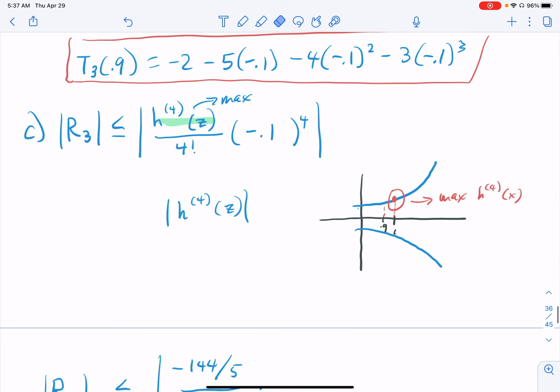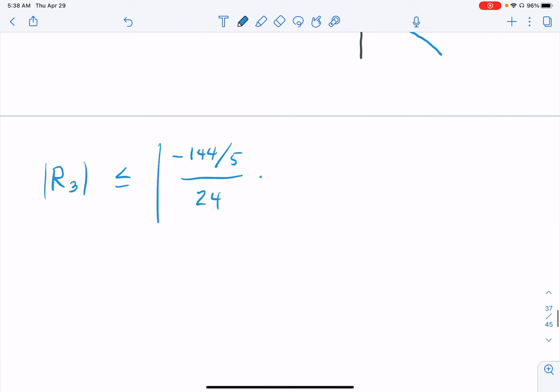So this is essentially a negative 0.1, which is negative 1/10, and we're going to raise that to the 4th power. We don't have to worry about the negative sign because we're raising it to the 4th and taking the absolute value. Then I can think of this as basically 1 over 10 to the fourth, which is the same thing as 10 to the negative fourth. So I'm going to write it kind of in scientific notation.